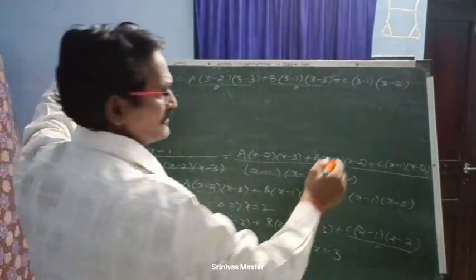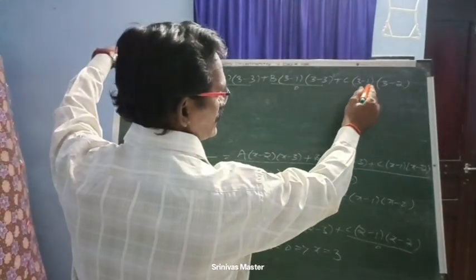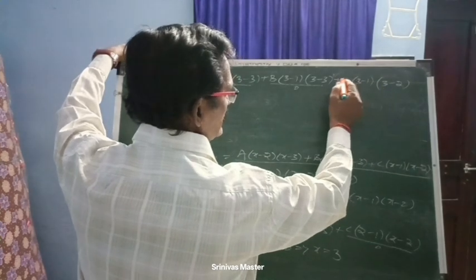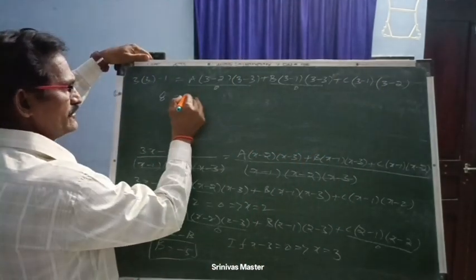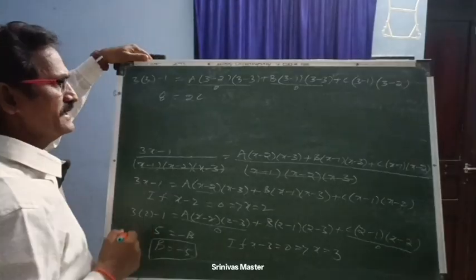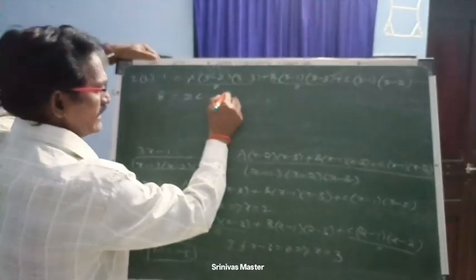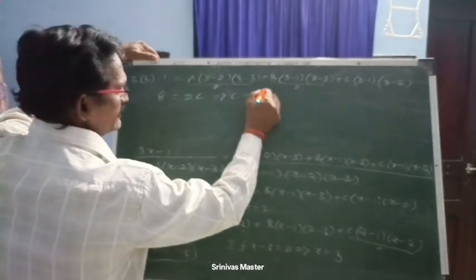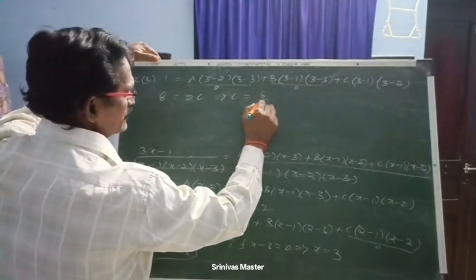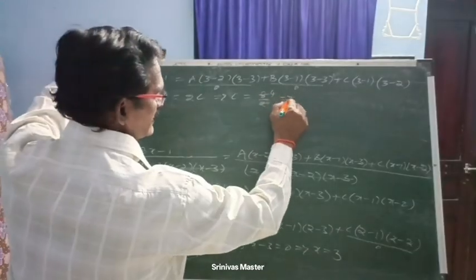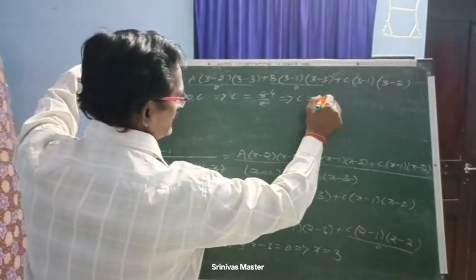What is left here now? 3 minus 1 is 2, 3 minus 2 is 1, 1 into 2, 2, 2 into c, 2c. So we can say that 8 equal to 2c. Then you can say that c is equal to what you have to write? 8 by 2. 2 in 8 how many times, children? 4 times. Hence we can say that the value of c is equal to 4.